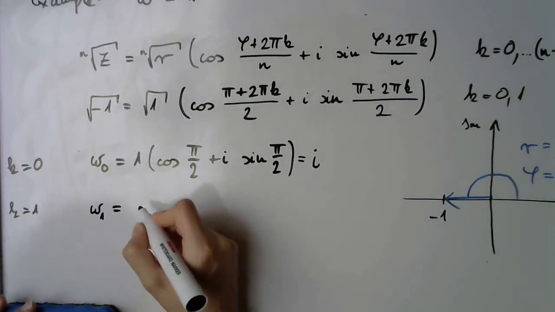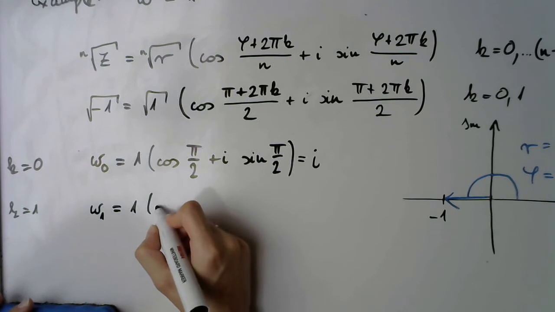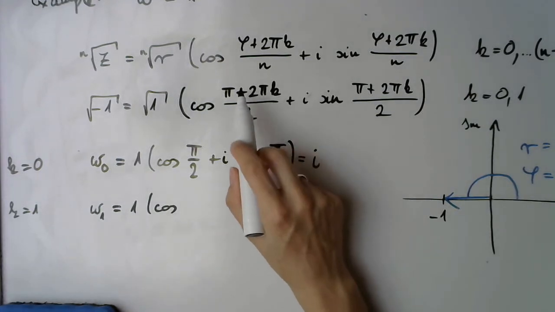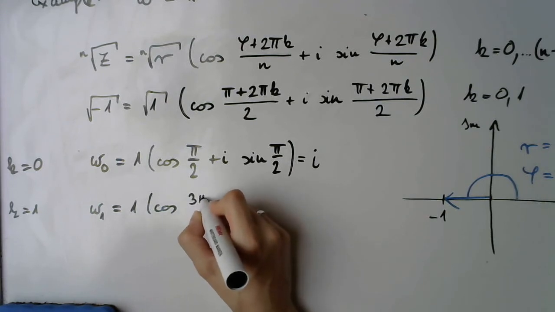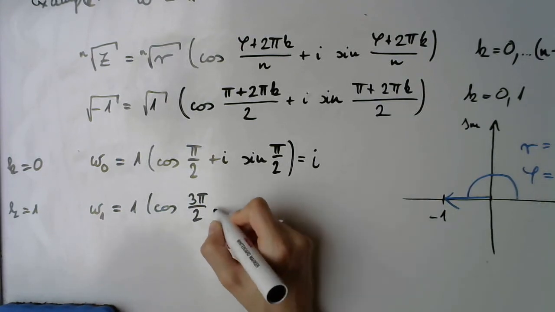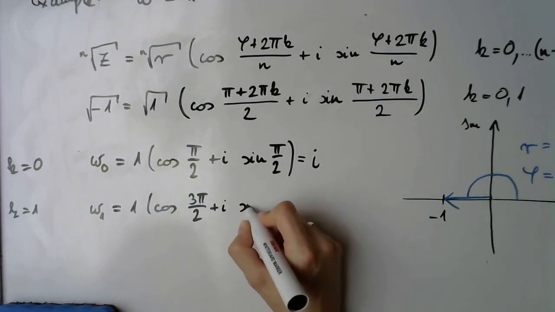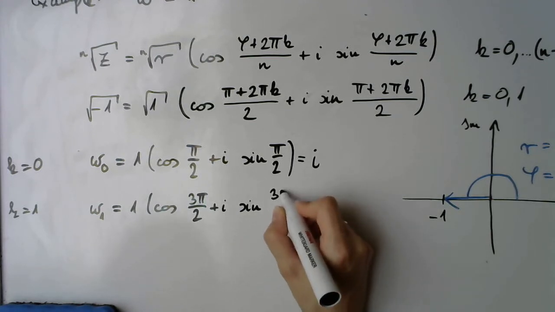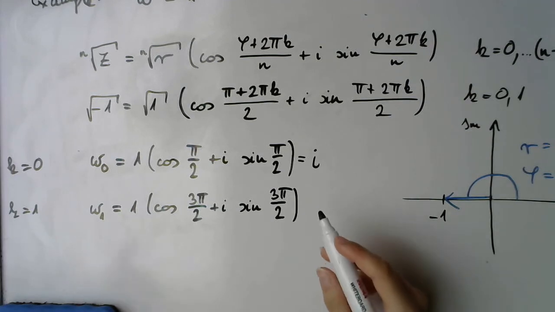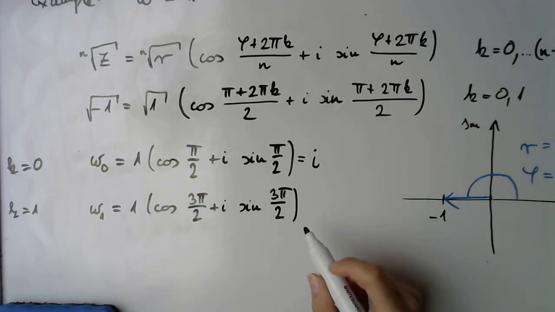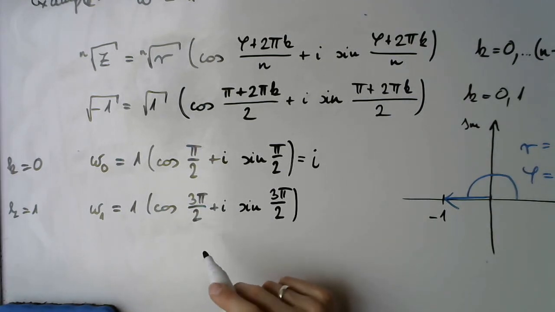w1 equals 1 times cosine of (pi plus 1 times 2 pi), that is 3 pi divided by 2, plus i sine 3 pi by 2. And this can also be calculated. The cosine of 3 pi over 2 is 0.